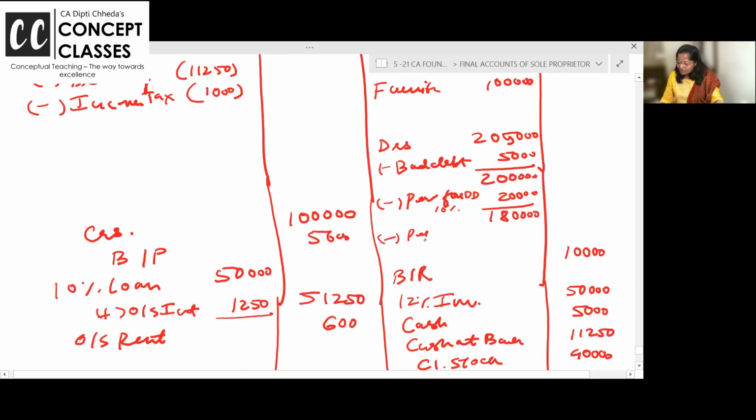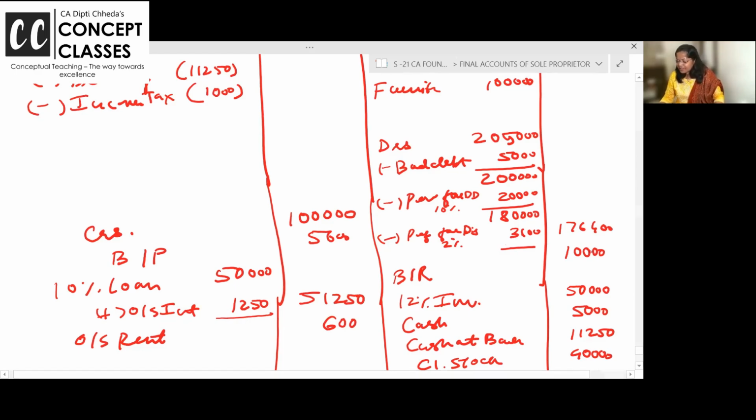On that provision for discount we should do 2%. 2% comes to 3,600 and outer column. 176,400. 2,05,000 minus bad debt minus provision minus discount. This is the outer column.